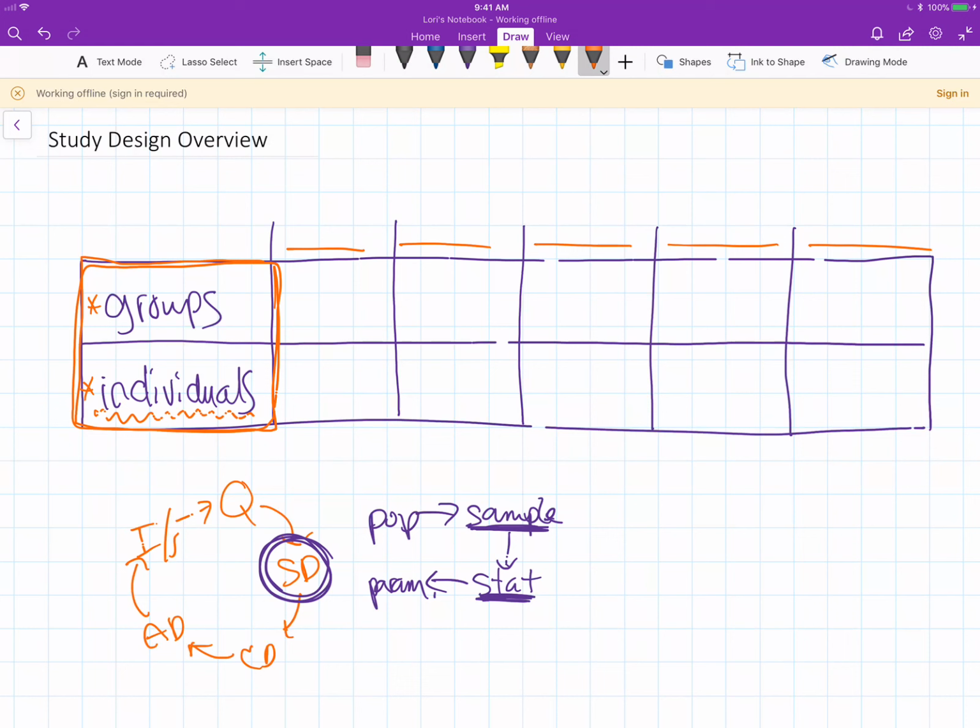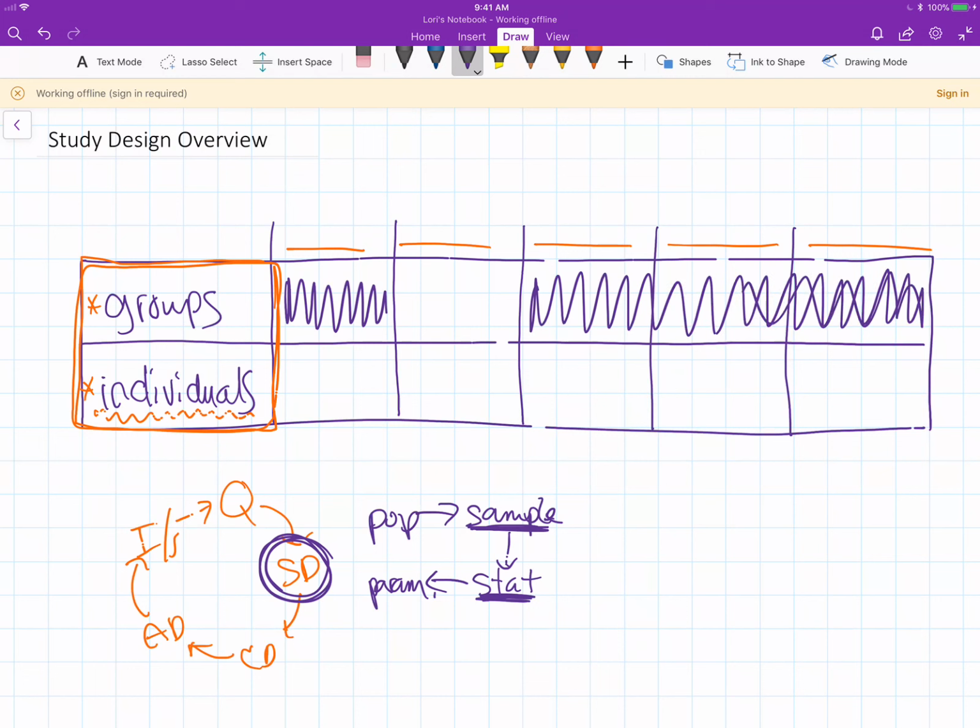Occasionally we will be studying groups, and today I'm only going to be sharing with you one type of study among groups. So I'm going to get rid of all of these up here. It is possible to do studies on groups in those areas, but we're going to be filling in this table and then referring back to it throughout the class, throughout multiple Cohort classes, so that you can see how these different types of studies are similar to each other and how they're also different from each other.